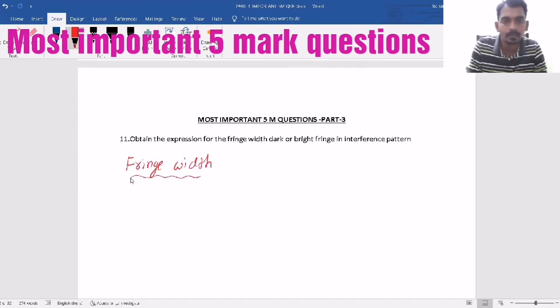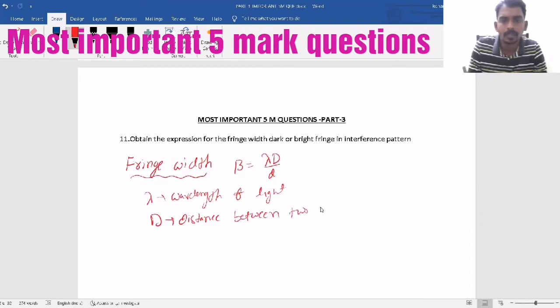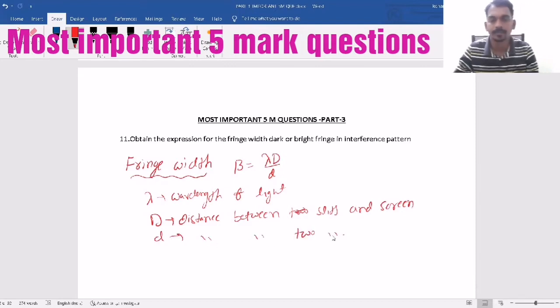Fringe width beta is given by lambda D by d, where lambda is the wavelength of light, and capital D is the distance between slits and screen, and small d is the distance between two slits.